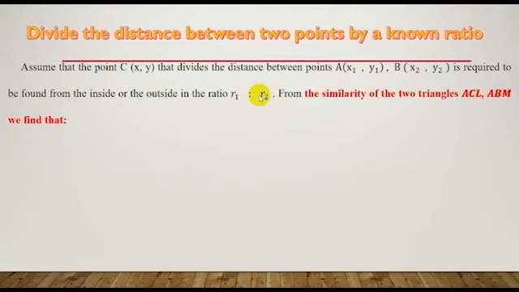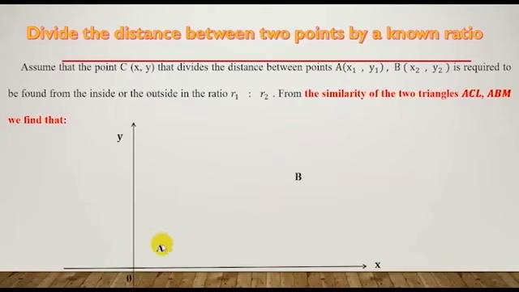So we need to see how it will be if it is inside, and what it will be if outside, using the similarity of two triangles. Let's talk about that. If I have x and y and 2 points A and B, where A is x1, y1 and B is x2, y2, that's our straight line, and we need the point which divides that line.